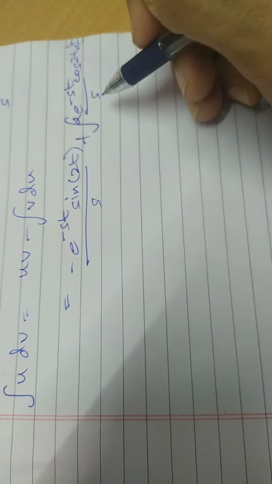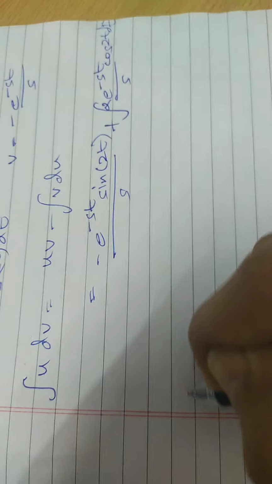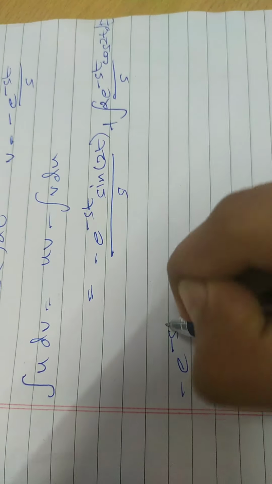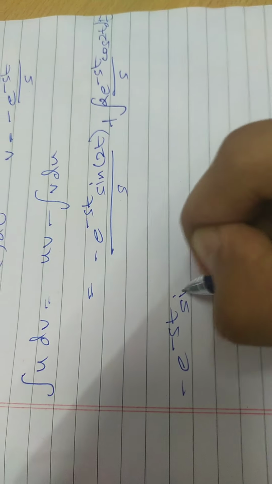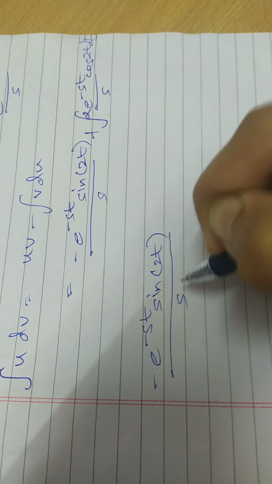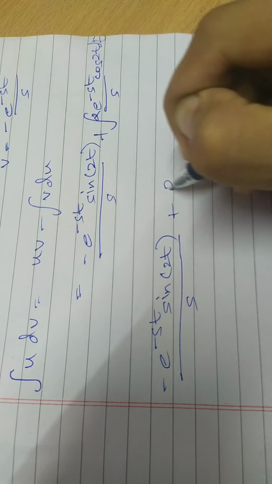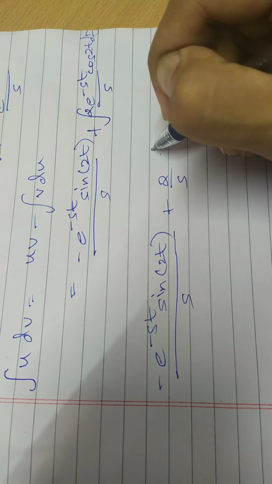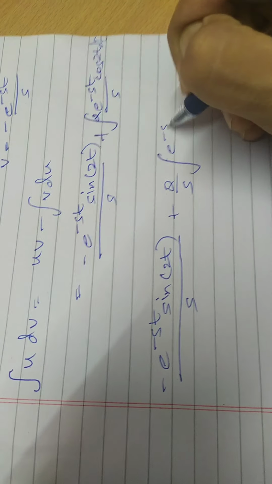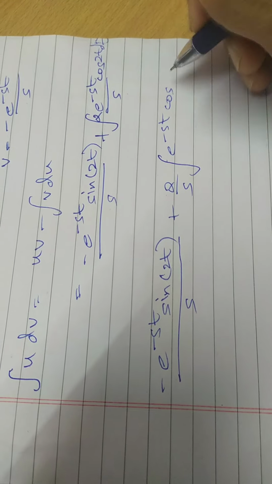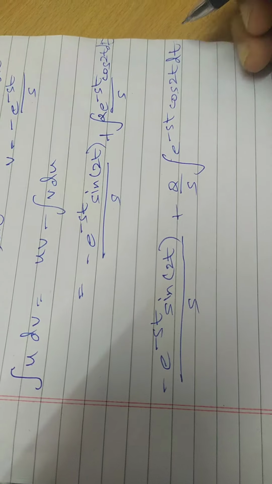We can write it as minus e power minus st sine of 2t divided by s plus 2 by s, since they're constants, integral e power minus st cos 2t dt.